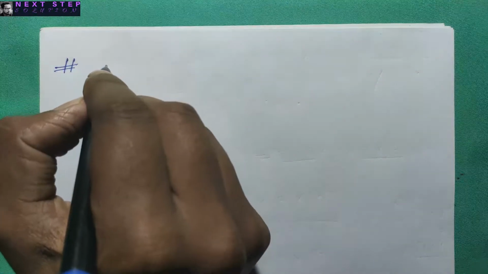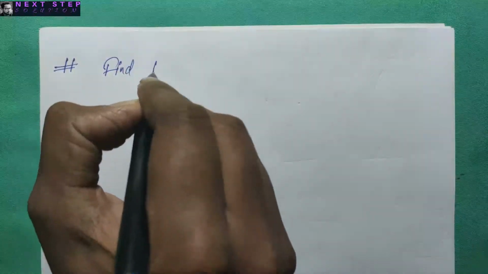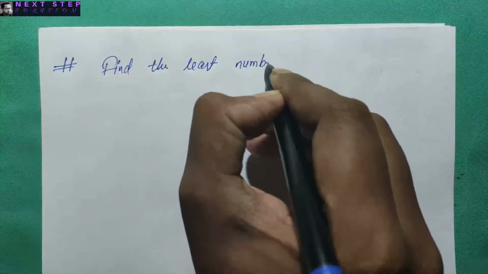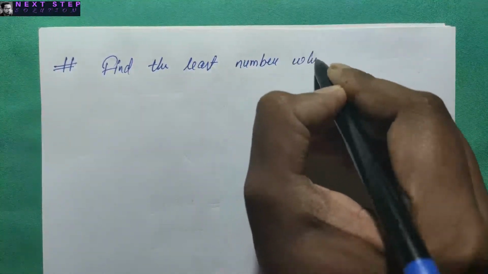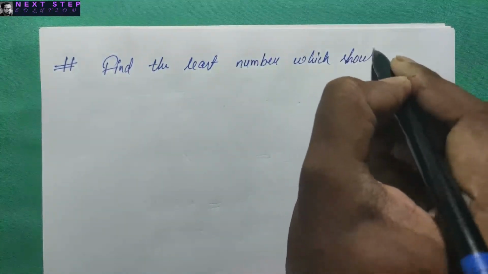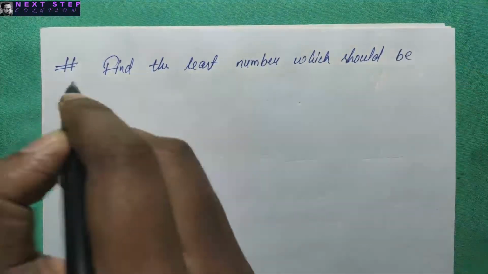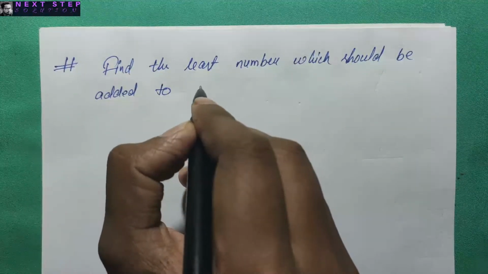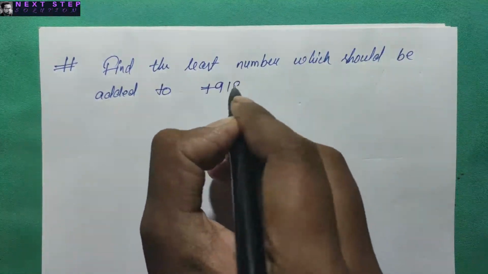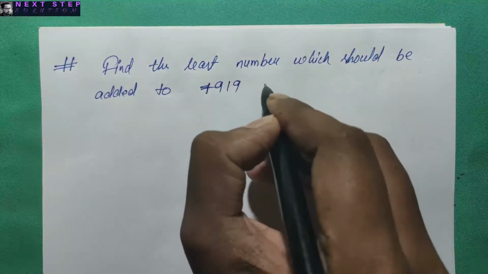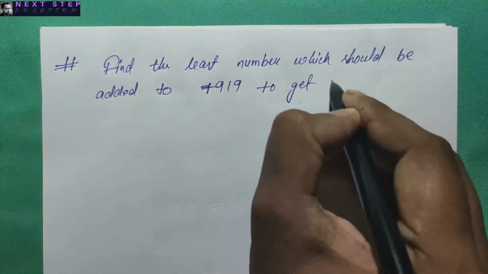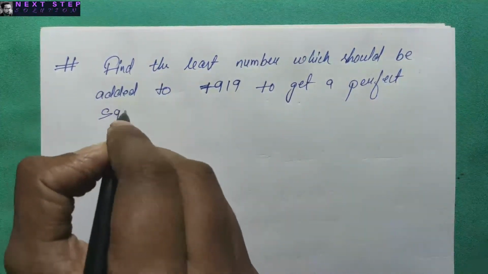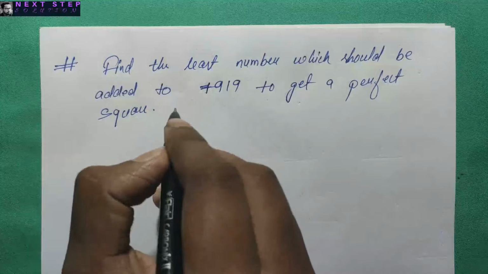Suppose, find the least number which should be added to, let's take any number, 7919, to make a perfect square. Also find the square root.